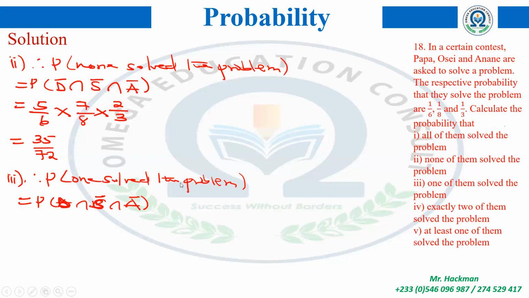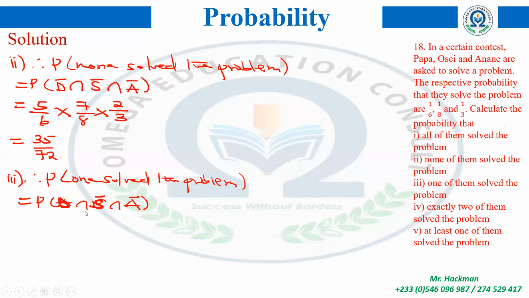All along, the three are solving a problem, so you always get your letters, D intersection S intersection A. With none of them solving, all of them would have the complement. But because we are looking at only one of them solving, is that clear?